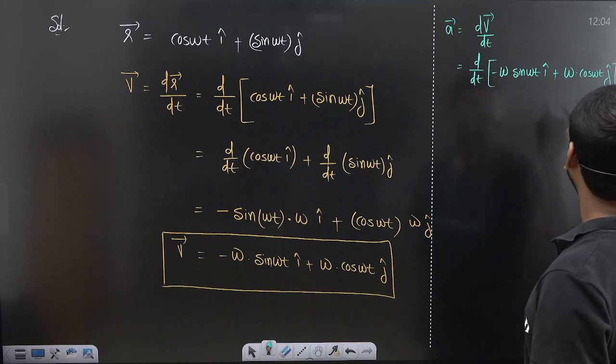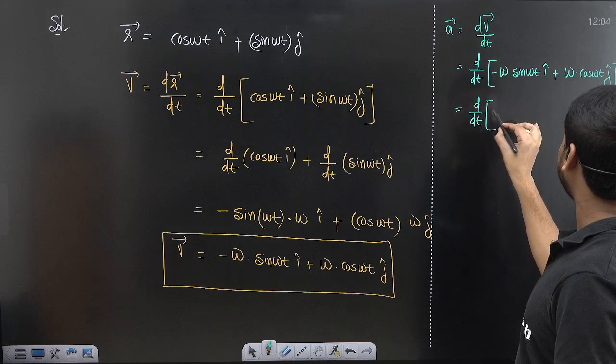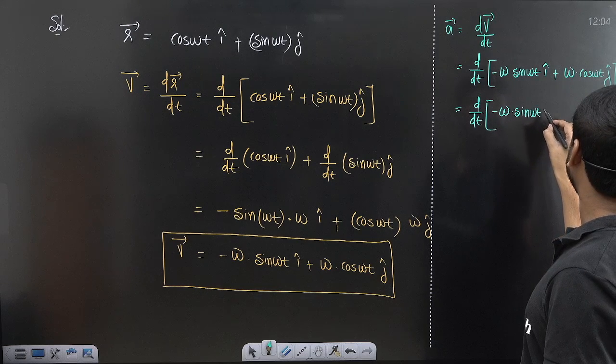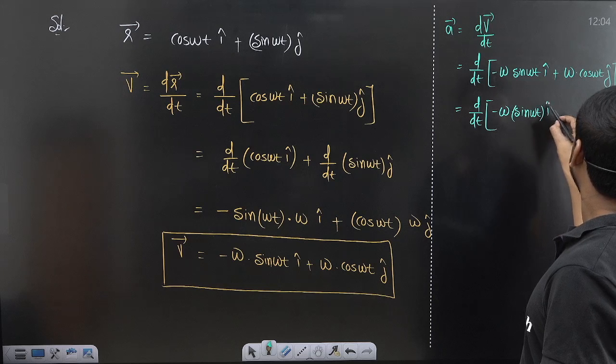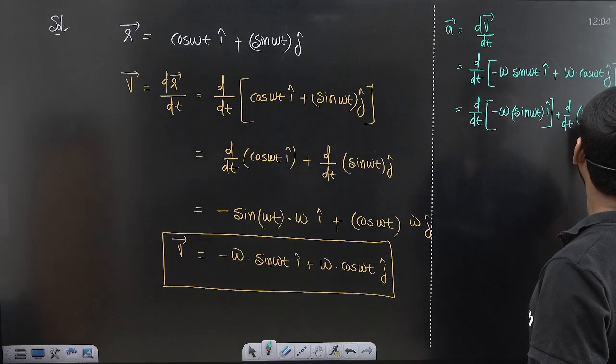Again differentiate the two terms separately: d by dt of minus omega sin omega t i cap, plus d by dt of omega cos omega t j cap.